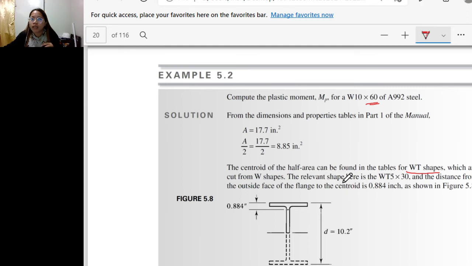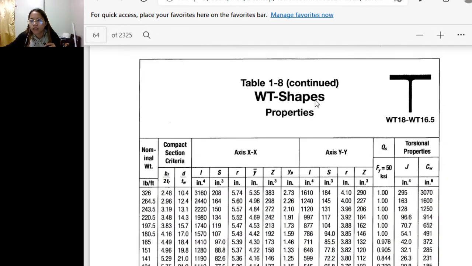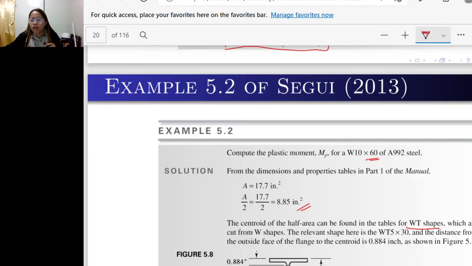The relevant shape here, we actually divide the area by 2. So if you look at the table for the WT shape, remember the original shape is W10 by 60, so you'll expect half of that.